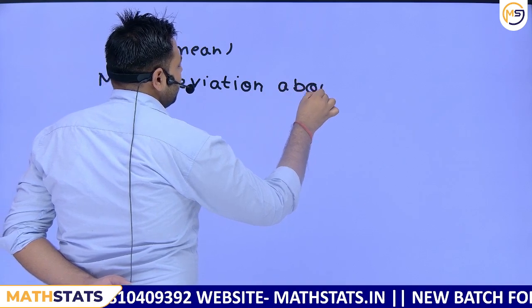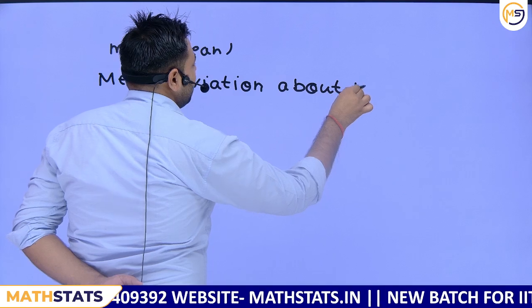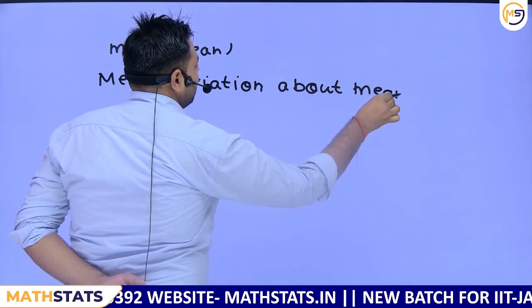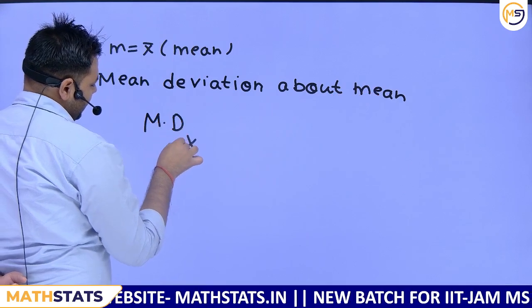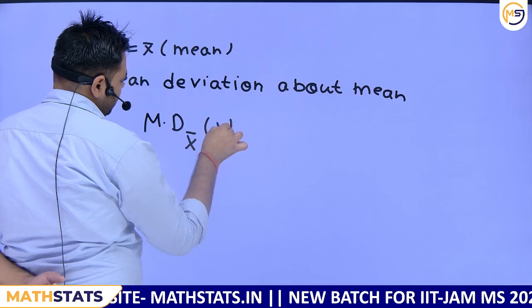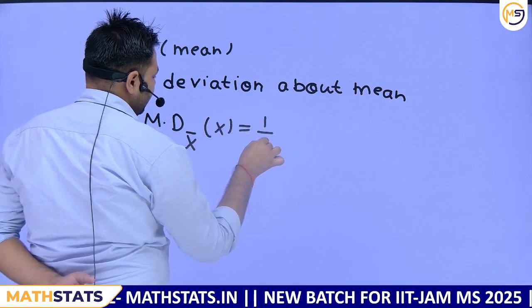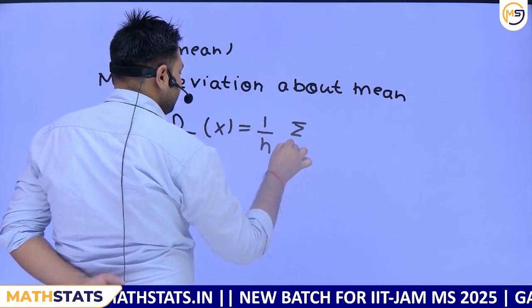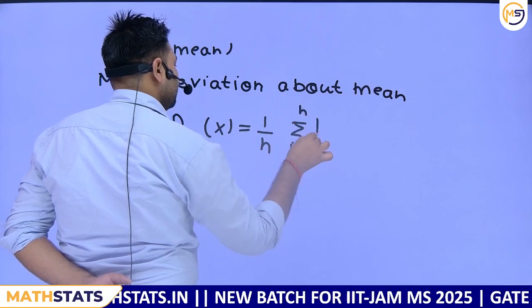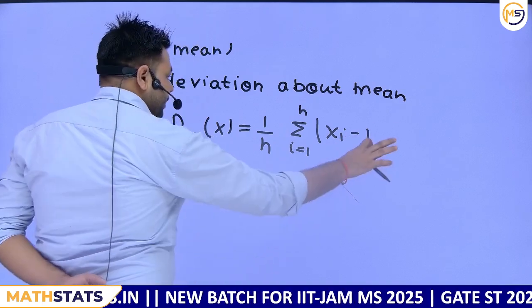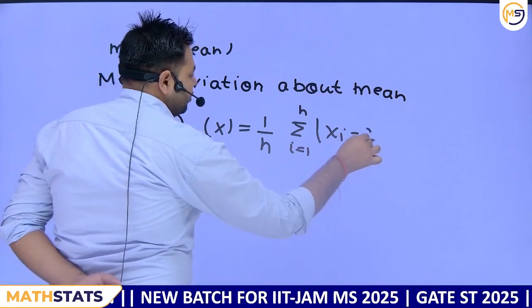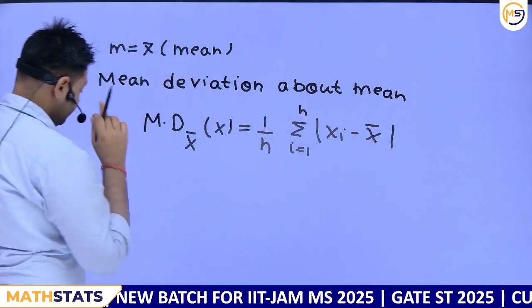This is denoted by MD x bar of x equal to 1 upon n summation i equal to 1 to n mod of xi minus x bar. So this is mean deviation about mean.